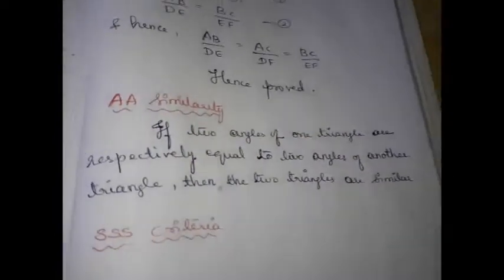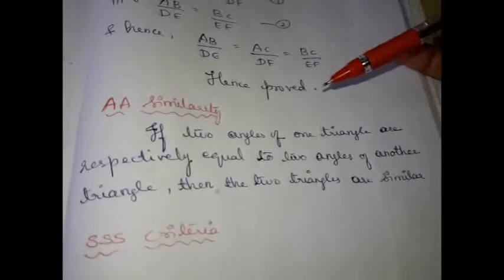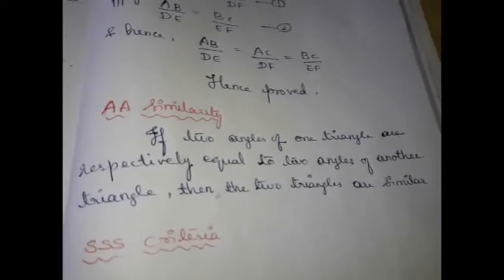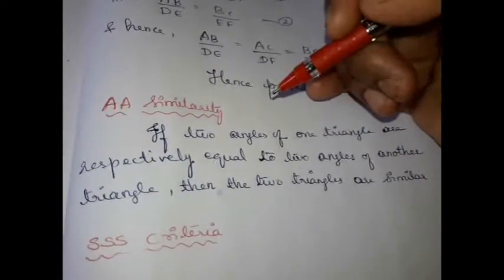Now based on this, as we did in congruency criteria, we can do the same for similarity criteria. By angle sum property, if two angles become equal, automatically the third angle will also become equal. So it is not necessary to check whether all three angles are equal. From AAA criteria, we can imply AA similarity criteria as well.